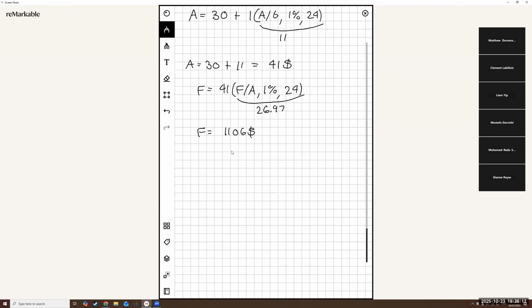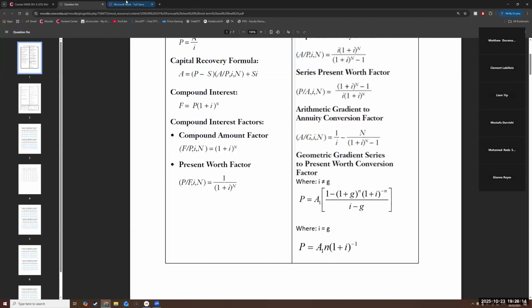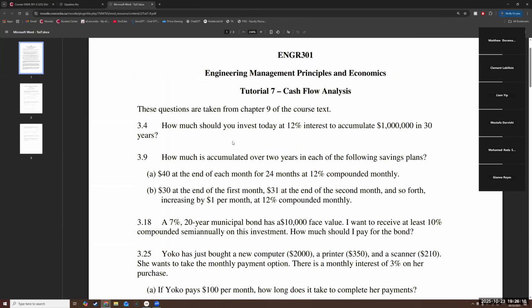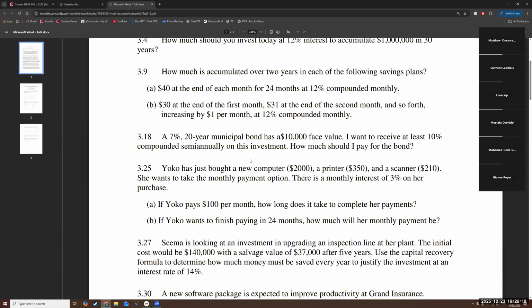Okay, we can move on to the next question. So the next question is this. A 7% 20-year municipal bond has a $10,000 face value. I want to receive 10% compounded semi-annually on this investment.